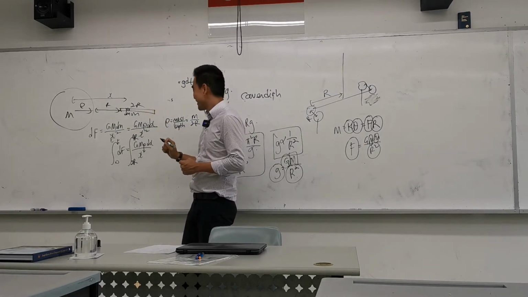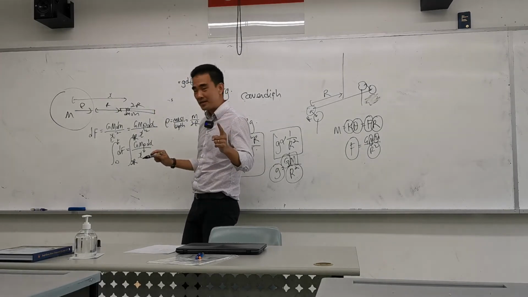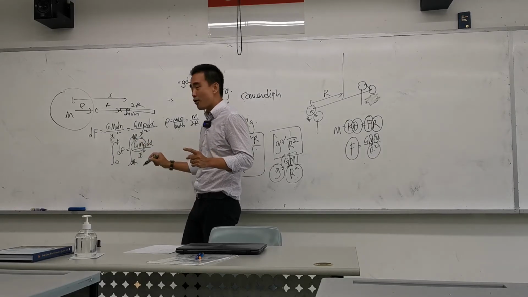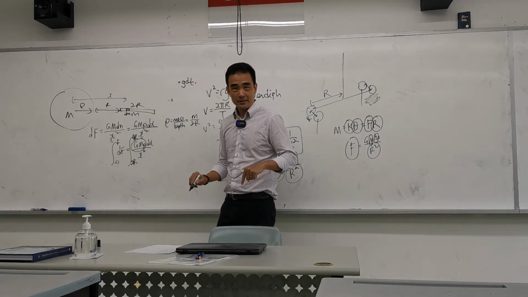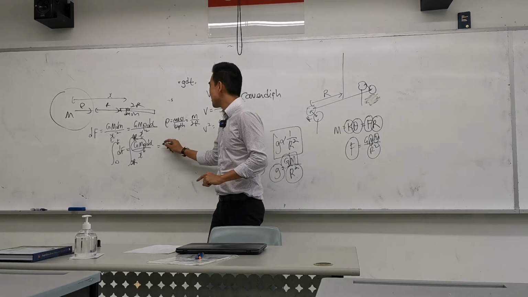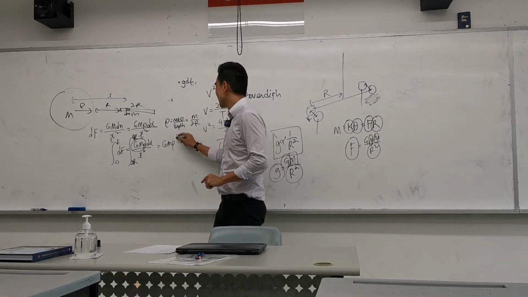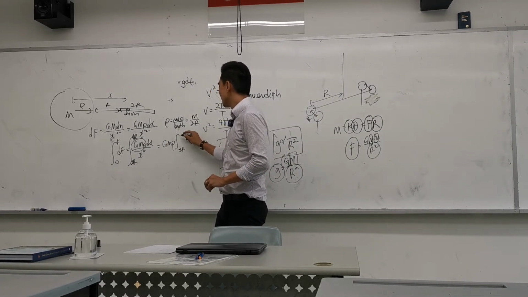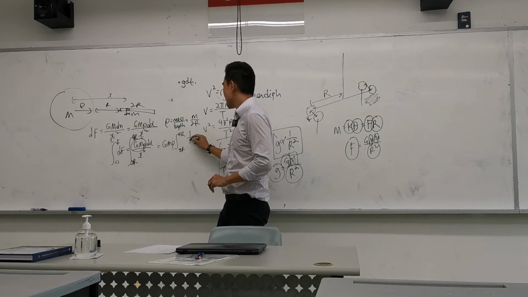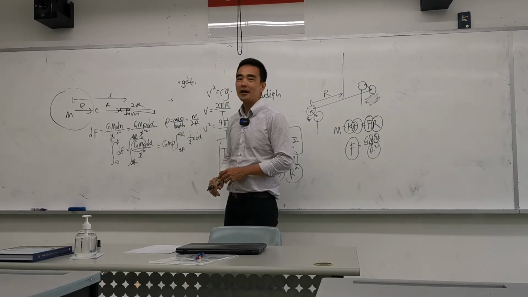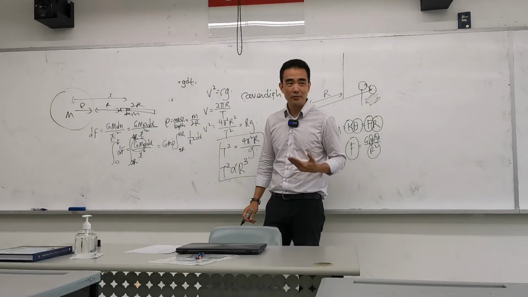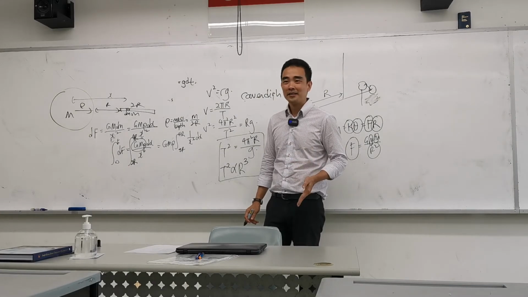Now the good news is that GM and rho are all constants. So it will be GM rho integral from 2r to 4r of 1 upon x squared dx. And come on, can I have faith that you're able to integrate 1 upon x squared?